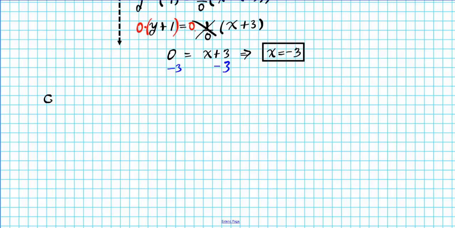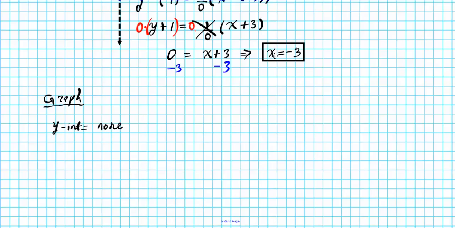Now, what does a line with an undefined slope look like? A line with an undefined slope is a vertical line, okay? So in this case, we have a vertical line that goes through -3. So what's our y-intercept? There are no y-intercepts here, okay?